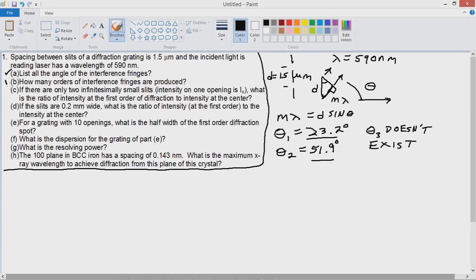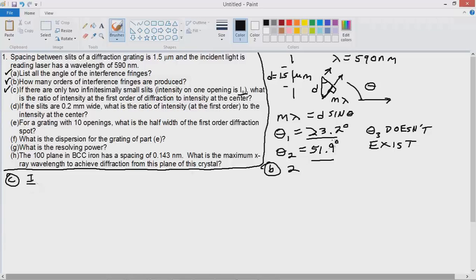Part B, easy. You've got two orders. Now, instead of a grating like this, you have only two small slits, and you want to know what is the formula for intensity there, where the intensity through one opening is I sub O. You want to know the ratio at the first diffraction spot.